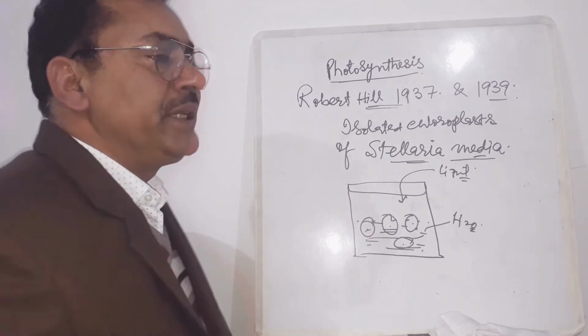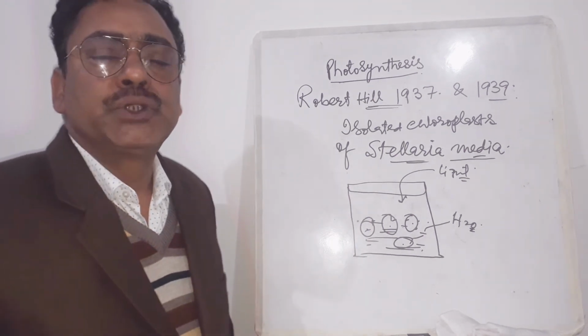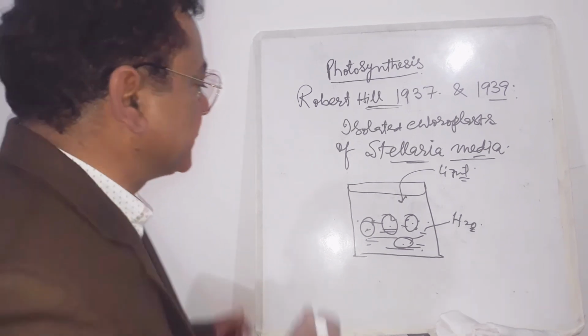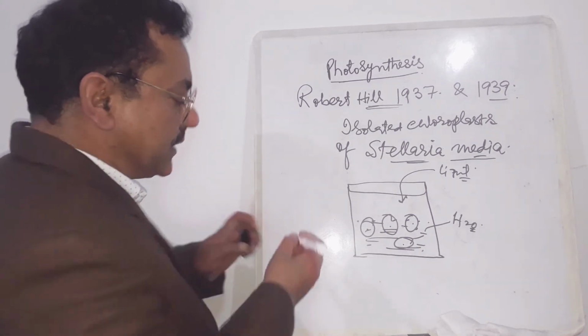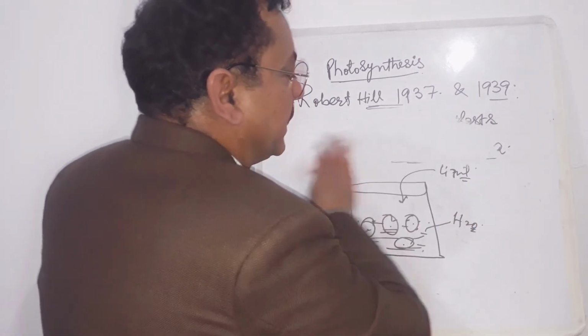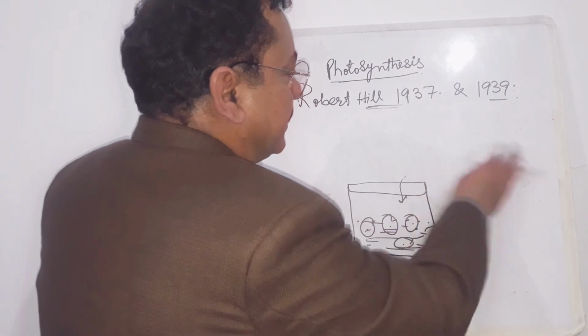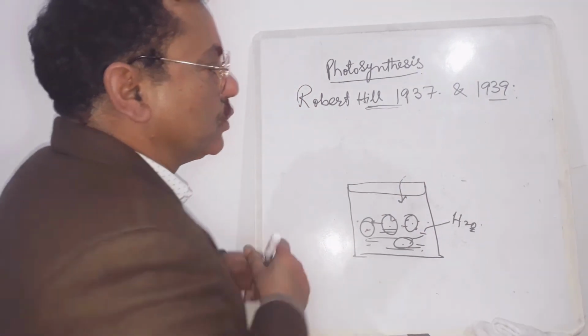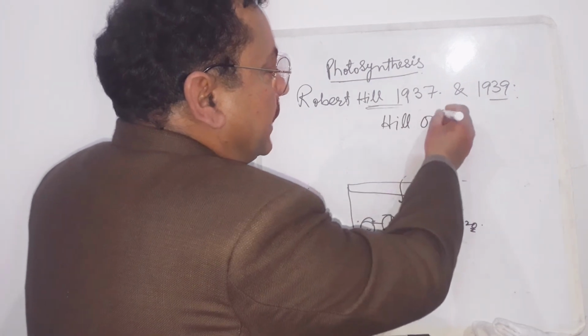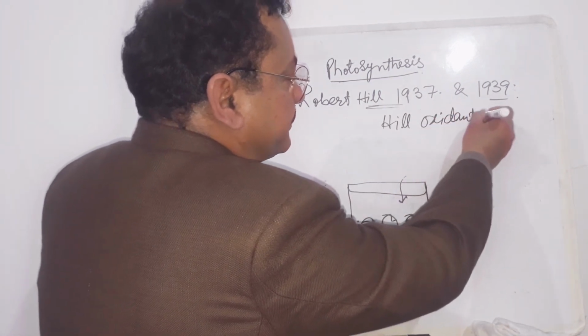He took many suitable electron acceptors which are said to be Hill oxidants. The Hill oxidants are many that were taken by Robert Hill. Let me tell you about those Hill oxidants. So I am writing here Hill oxidants.